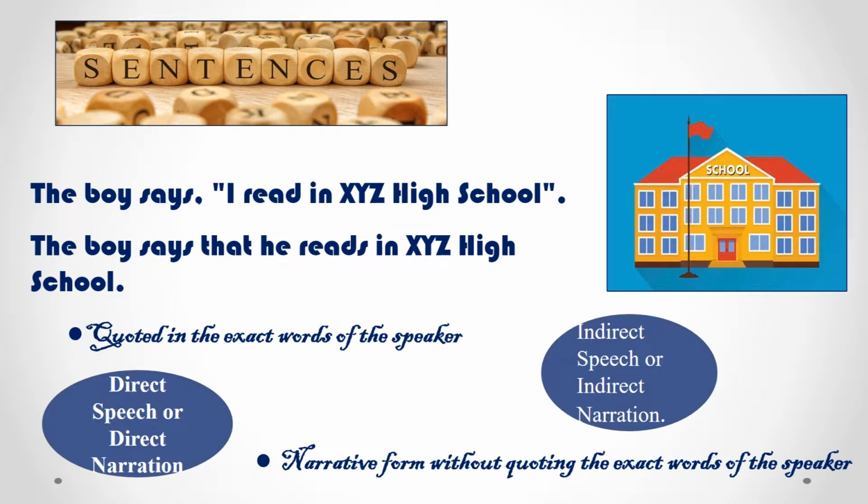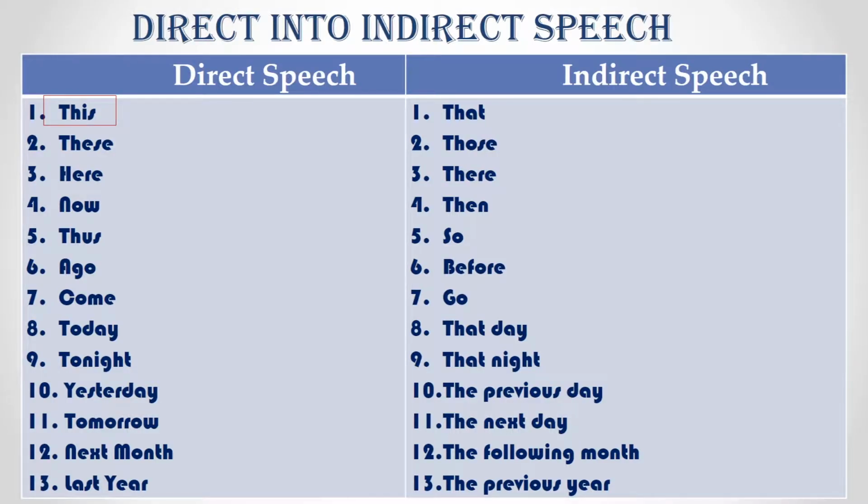Before we start with how to convert direct speech into indirect, we need to understand that while changing direct into indirect speech, some words, mostly adverbials, are changed. These words indicating nearness in time and place are generally changed into those showing distance. Let's have a look at this table which talks about direct speech and indirect speech.